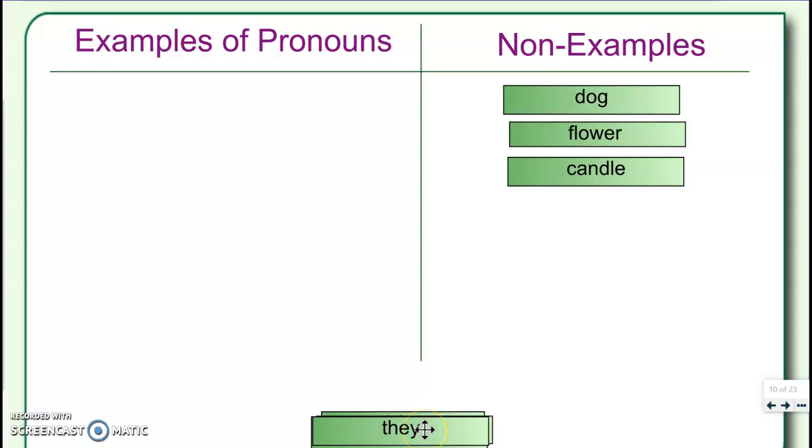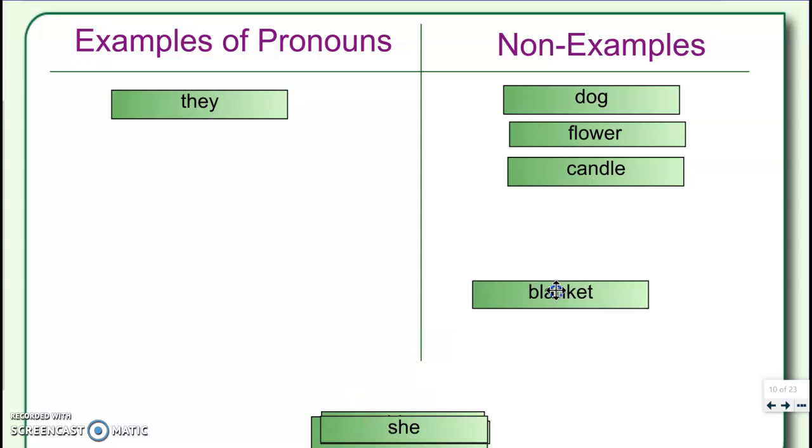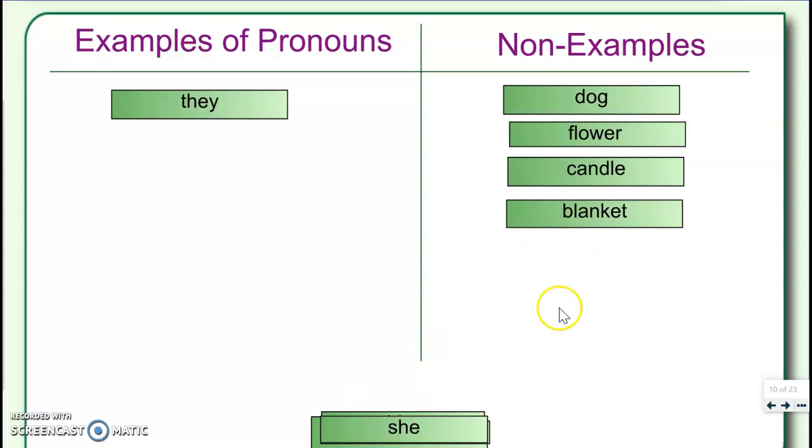Now, look at the word they. Could it take the place of a noun? Like if you were to say, Mom, Dad, and I are going to the park. You could replace Mom, Dad, and I with the word they and say they are going to the park, so they is a pronoun. Blanket is a noun. What about she?